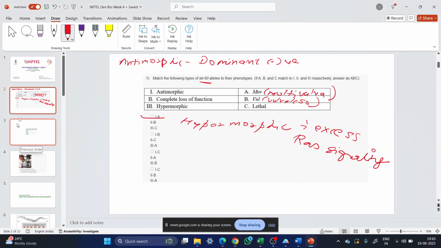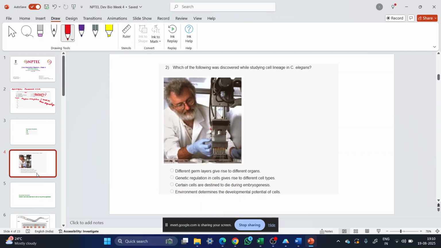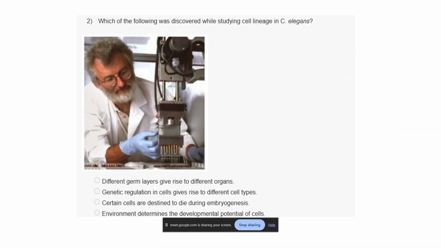Fine. So now we'll move to the next question. Our next question is, which of the following was discovered while studying cell lineage in C. elegans? First, different germ layers give rise to different organs. Genetic regulation in cells gives rise to different cell types. Certain cells are destined to die during embryogenesis.